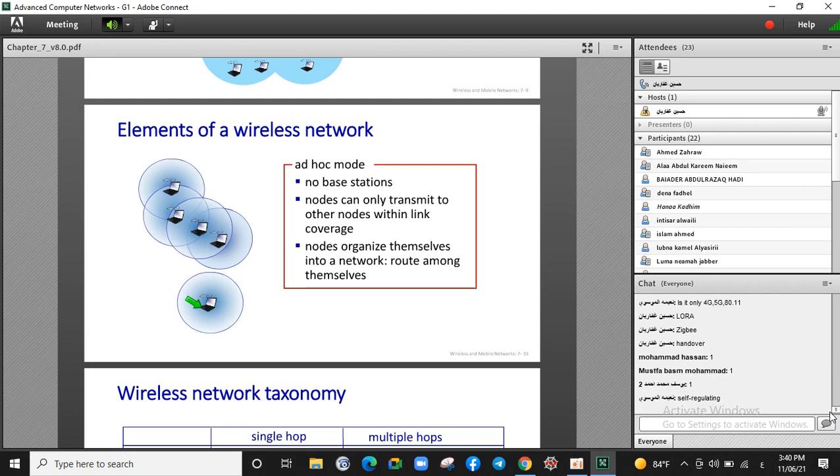In the bottom, you can see there is a separated wireless node who cannot connect to other nodes. You cannot see the other nodes. So this node cannot communicate with the rest of the nodes. It's far away from the rest.